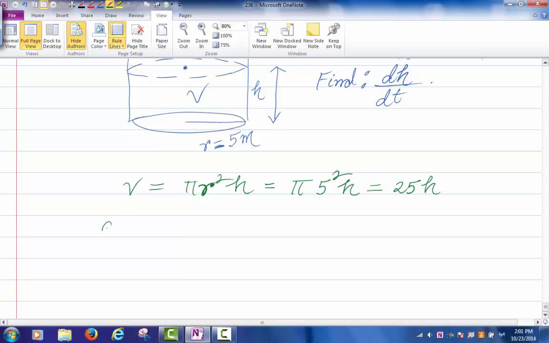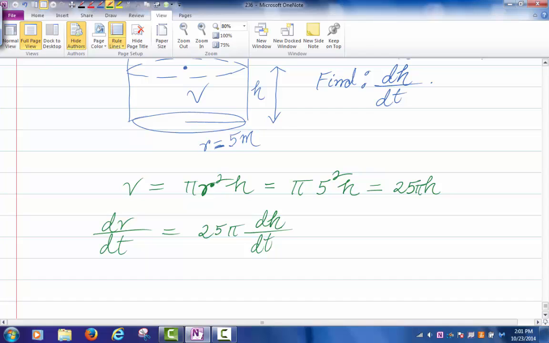And then what's the rate of V? Well, that would be the same as, I forgot pi somehow, 25 pi times the rate of h.